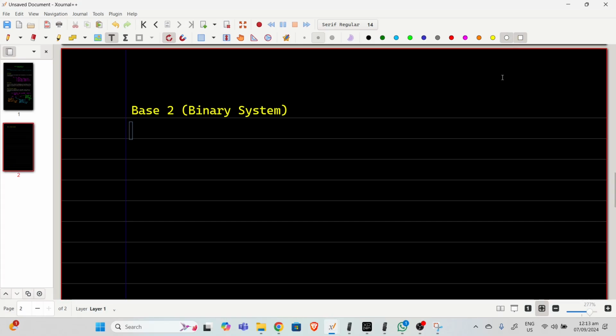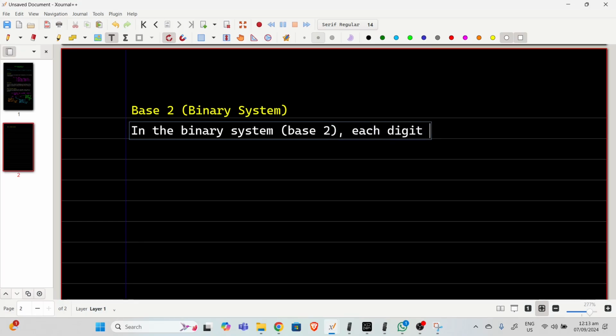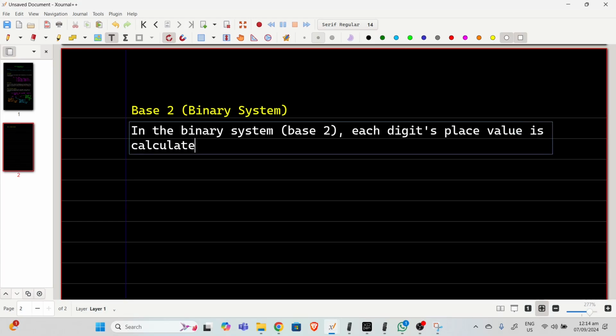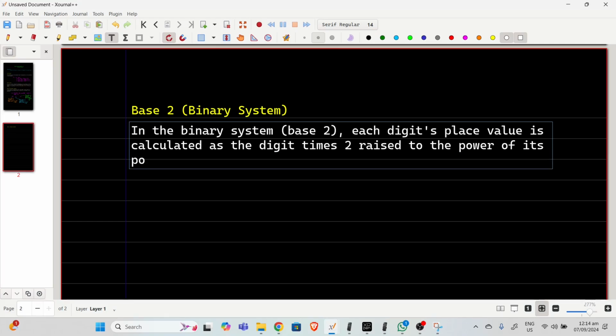Let me just put a little note about this one. So in the binary system, or the base 2, each digit's place value is calculated as the digit times 2 raised to the power of its position.